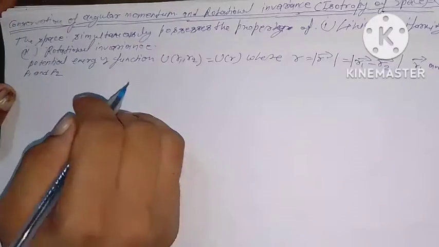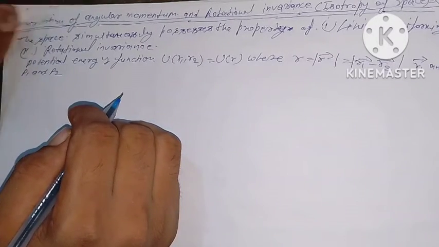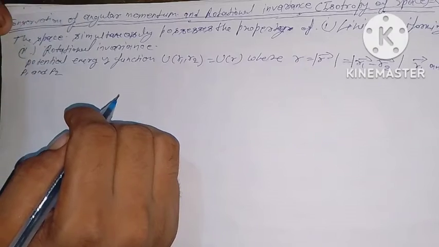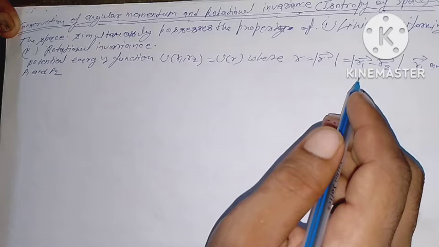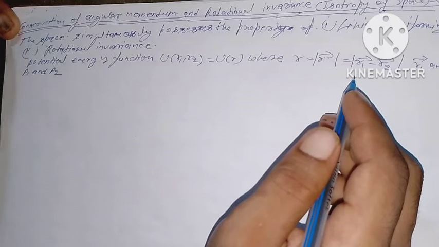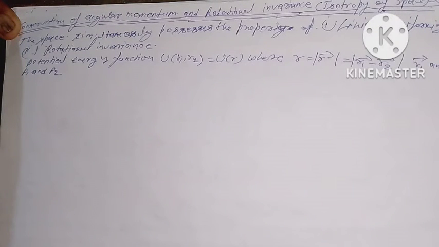The potential U depends upon the magnitude of the separation of the two points, r1 minus r2, but is independent of the actual value of the space coordinates and their direction.